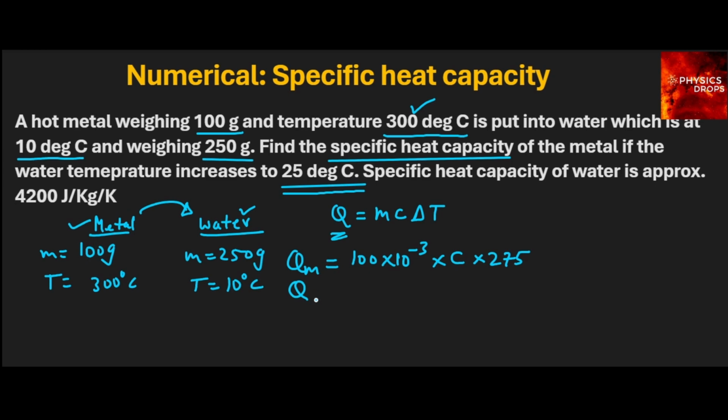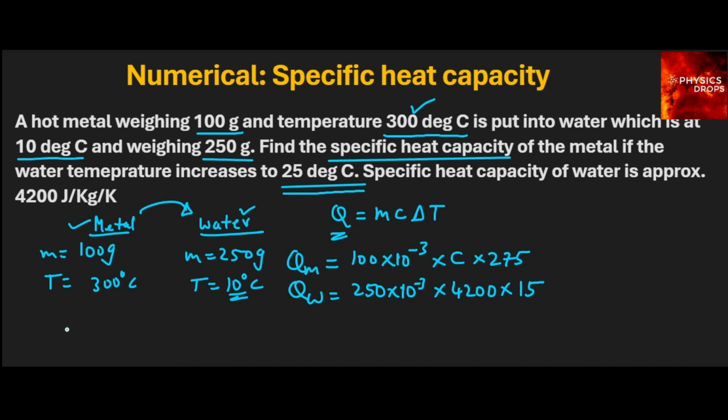Now let's calculate the same energy for heat for water. The mass is 250 times 10 power minus 3 for kilograms. Specific heat capacity of water is given as 4200 and the change: water was initially at 10 degrees Celsius, it increases to 25, so the change is 15.